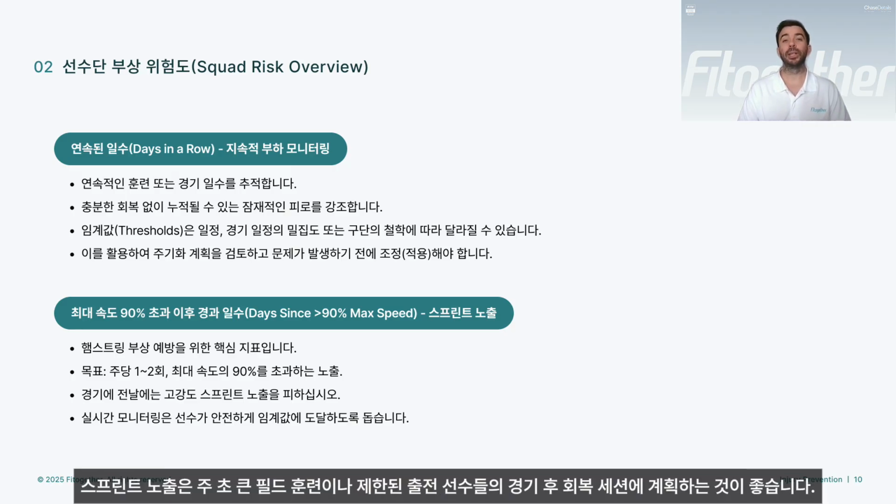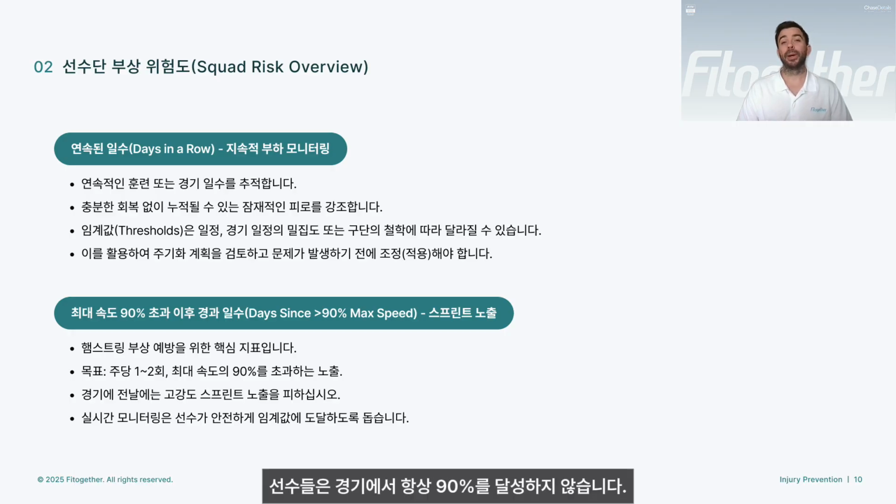Plan sprint exposure either early in the week during your bigger pitch training days or after a match for players who played limited minutes. Remember, players don't always hit 90% in games. Most top out around 85 to 90%. So we can't just assume match play covers this.